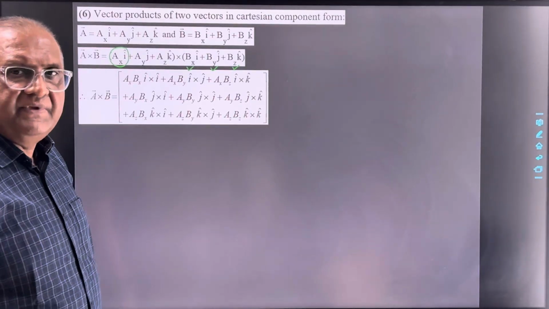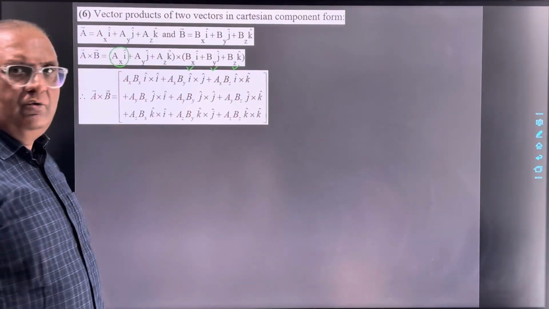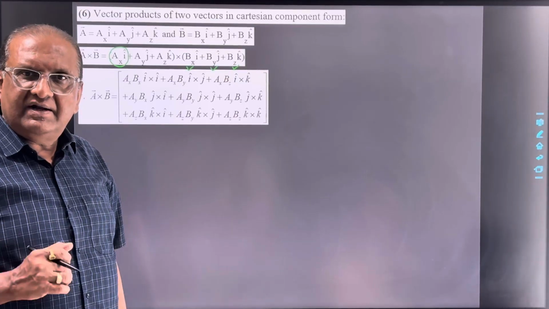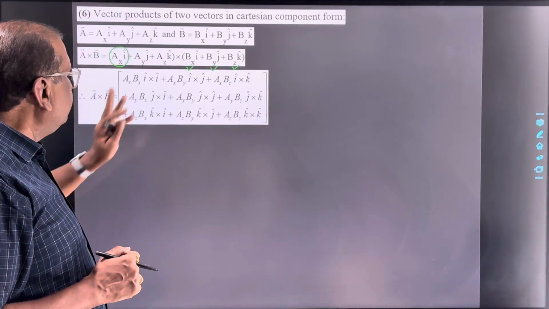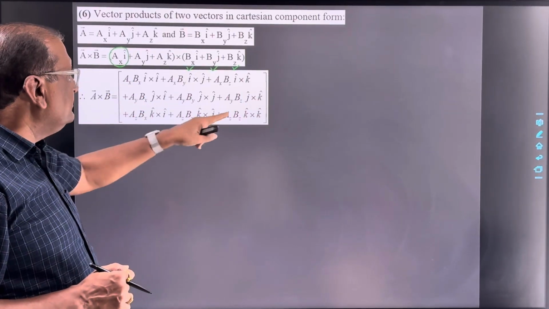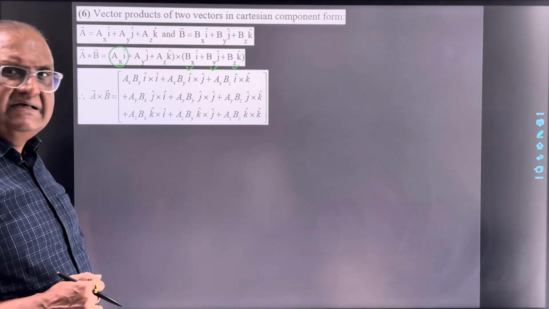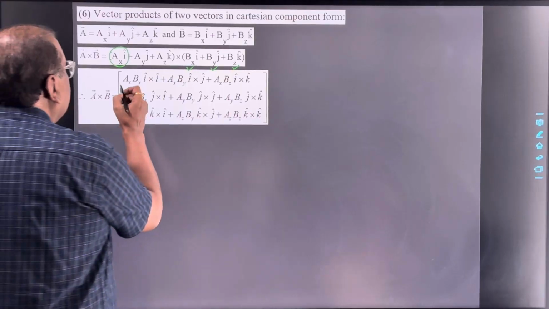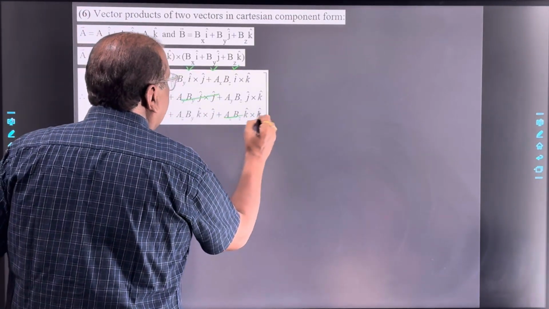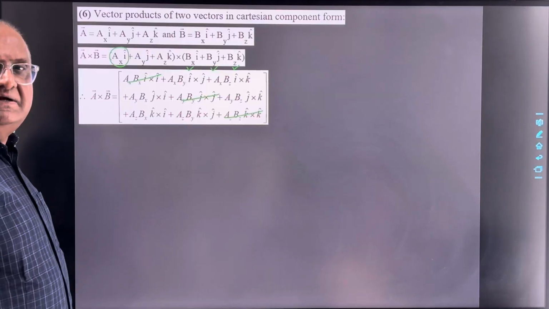Now see, we already discussed the vector product between unit vectors. So substitute those values. We discussed that I cross I, j cross j and k cross k is 0. So this term, this one and this one will be cancelled.